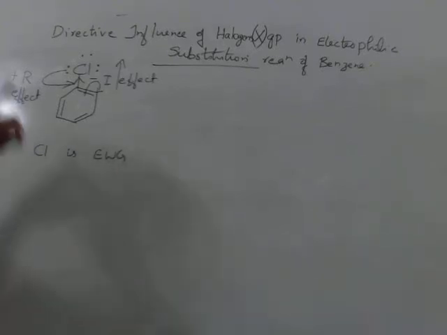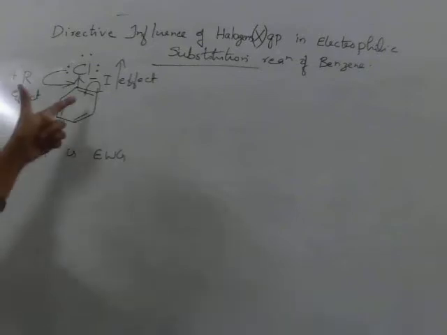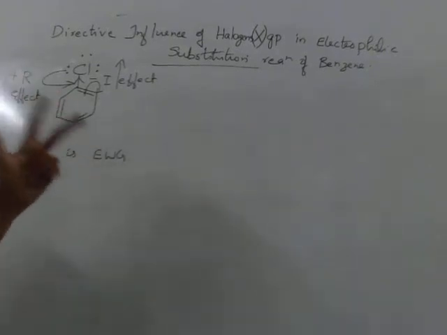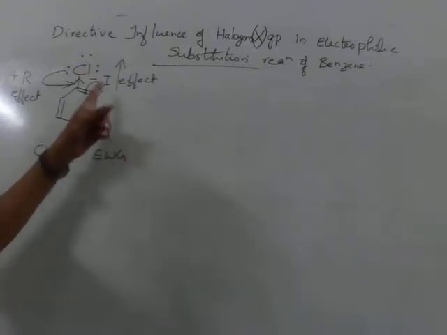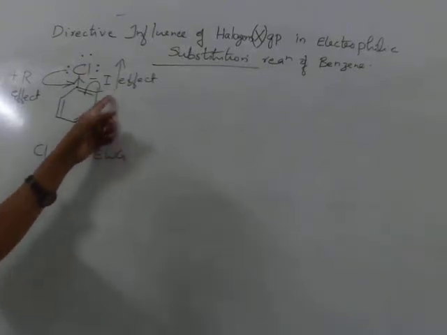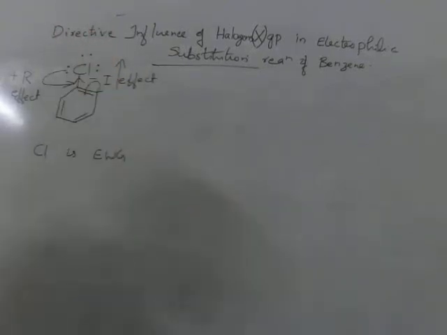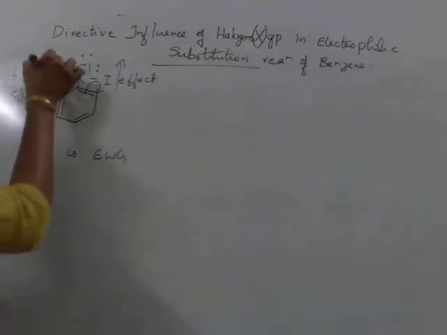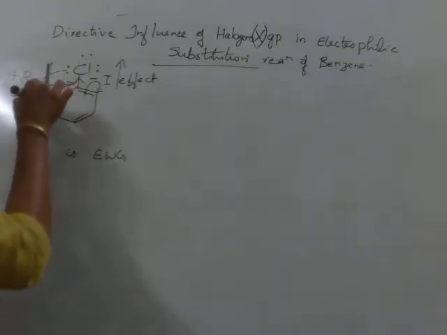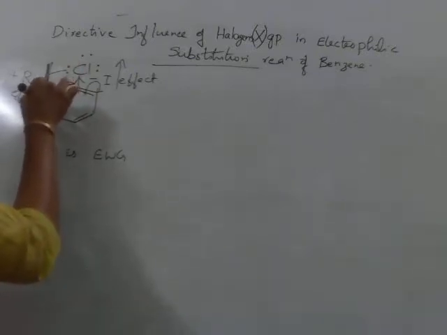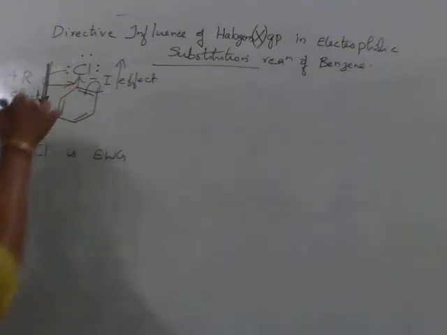Clear, children? So if chlorine is present in the benzene ring, there are 2 electron displacement effects. One is negative inductive effect, which acts in the upward direction, right? The other one is resonance effect, which acts in the downward direction. This is the direction of resonance effect. Resonance effect acts in the downward direction.